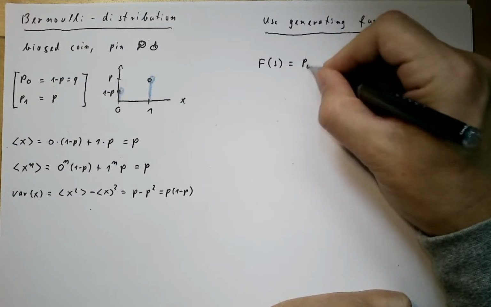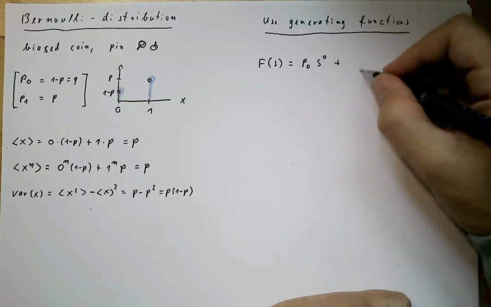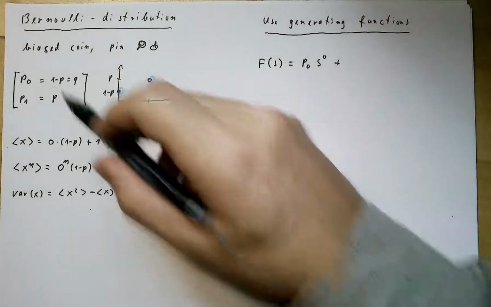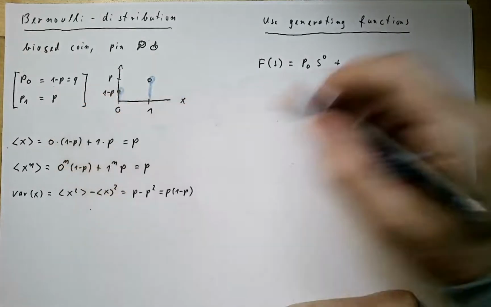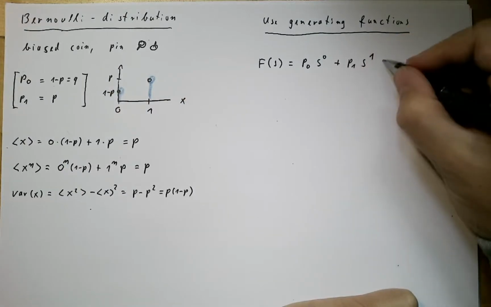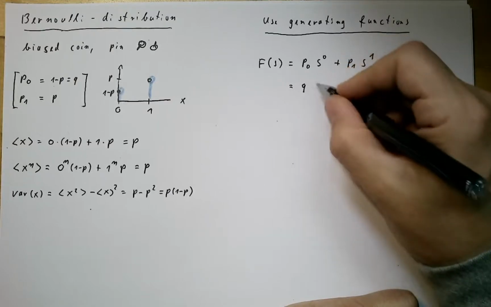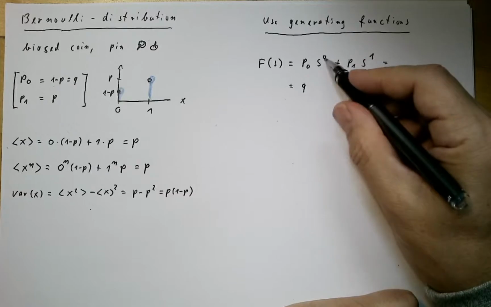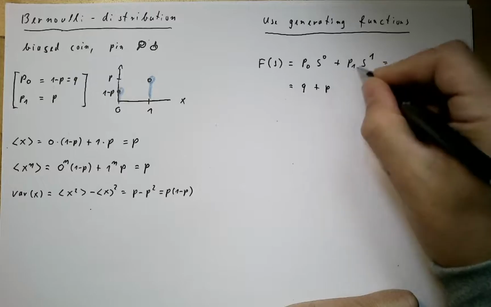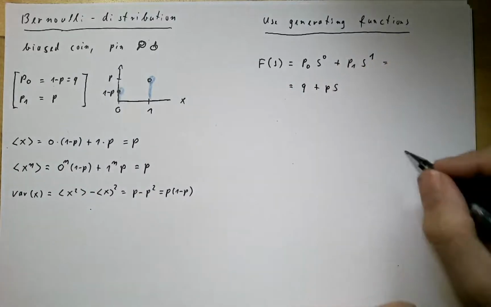We have P0 times s to the 0 plus P1 times s. And so we have Q, s to the power 0 is 1, and then plus P1, which is P times s.